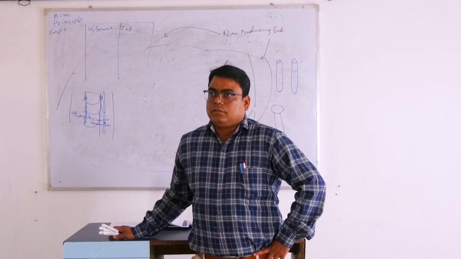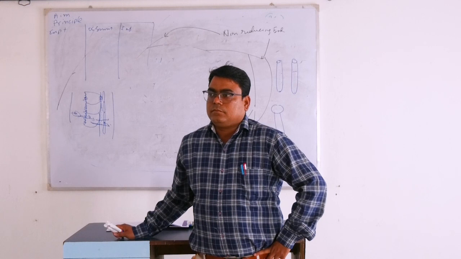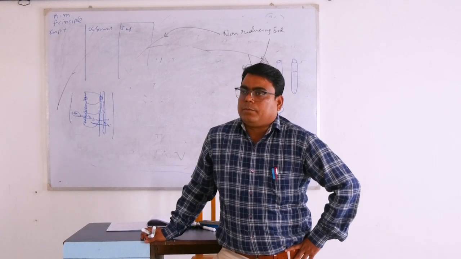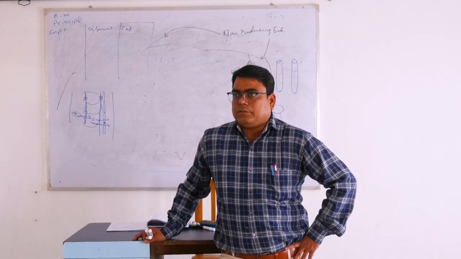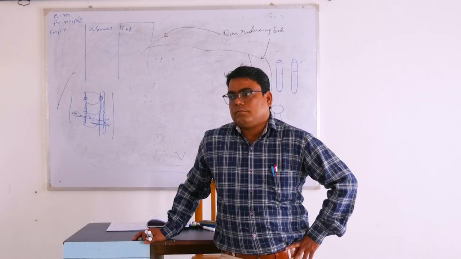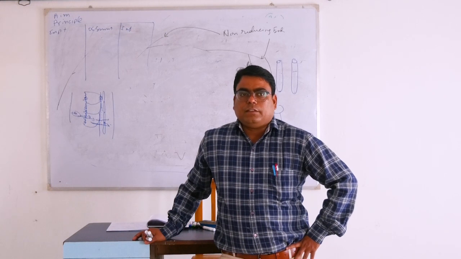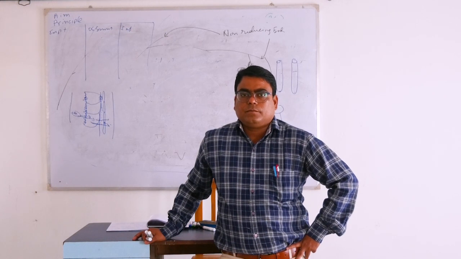Abnormal has one salt present, reducing sugar. Normally it is not present. Which one is a normal constituent?